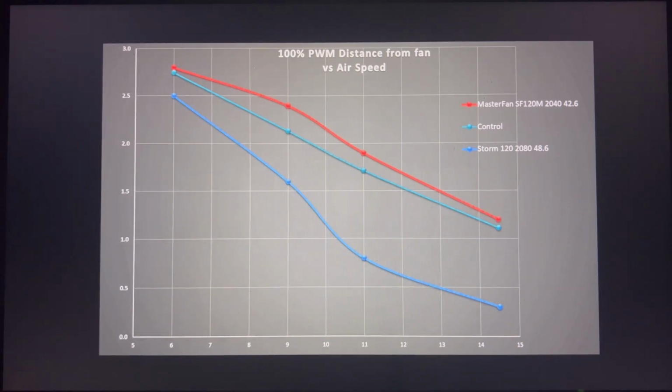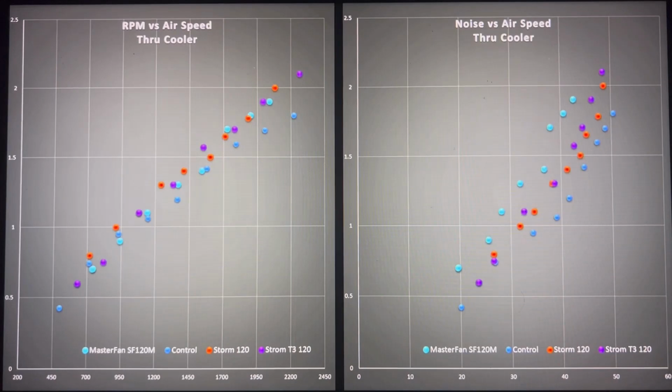It's not good though. Next up in our graphs is performance through my CPU air cooler, the Noctua NH-U12A, I believe, if I remember all the names correctly. And the first graph on the left side is RPM versus airspeed. So this is a pure blade efficiency type graph. So it's how good is this fan with this blade design at moving air.